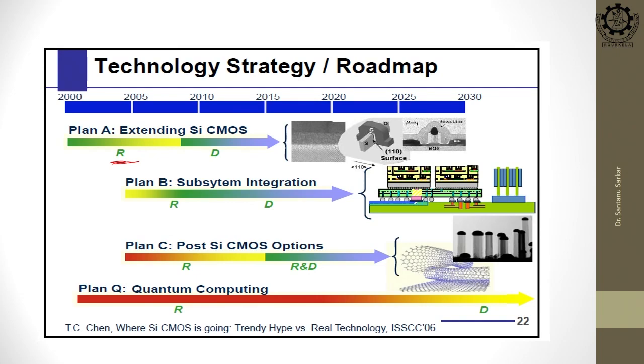Development is yet to come and be established. CMOS is almost developed and established, and beyond-CMOS is also quite established, and quantum computing and other techniques are yet to come and are mostly in the research domain.